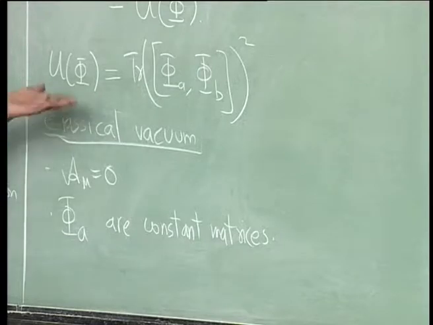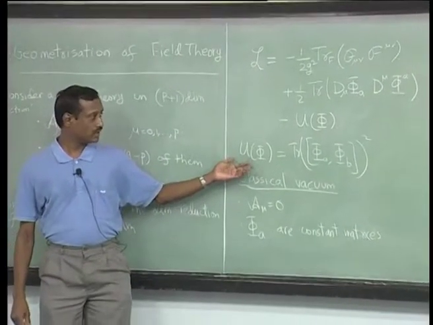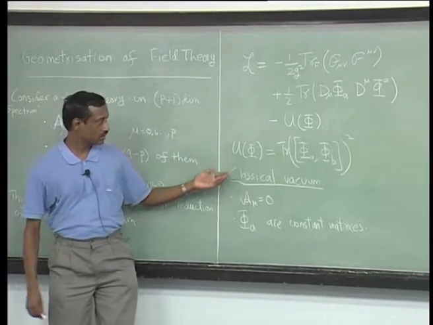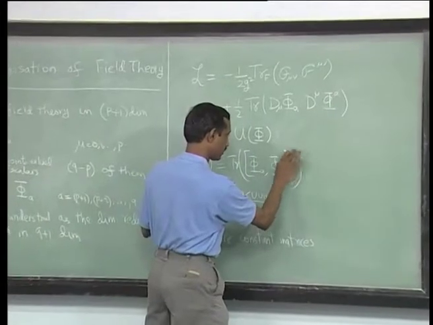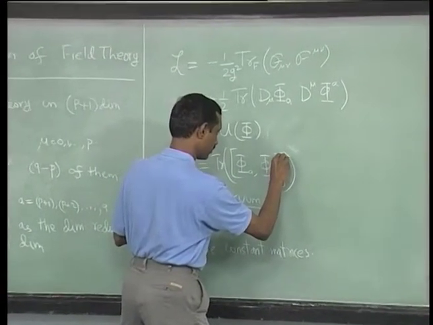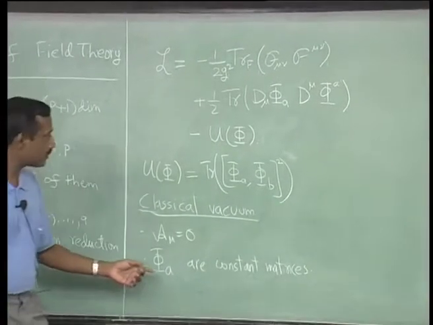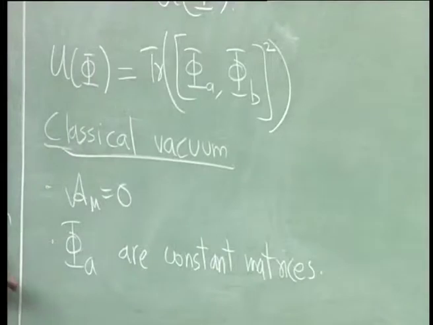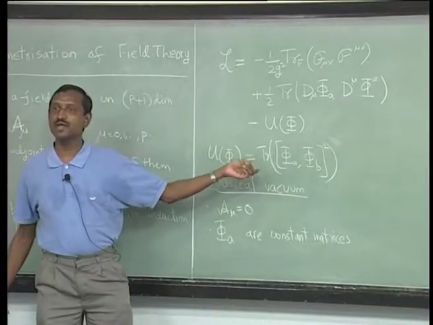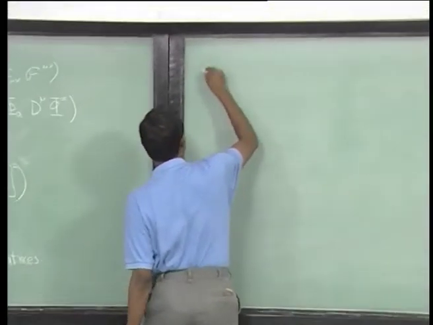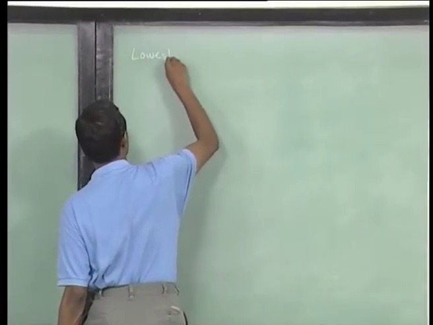You can convince yourself that the smallest value this potential could get is 0. So when would that happen? When phi a and phi b commute. So the vacuum configuration, the lowest energy, is when they commute.